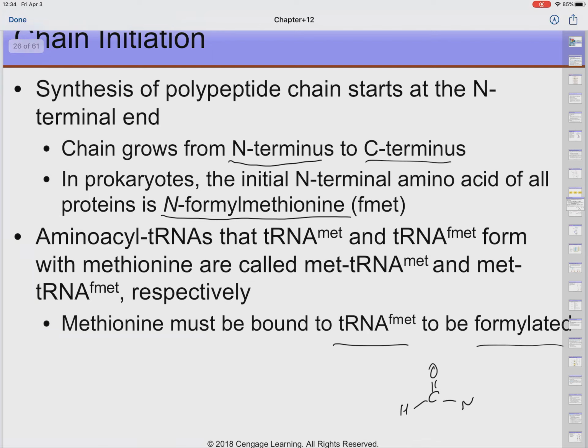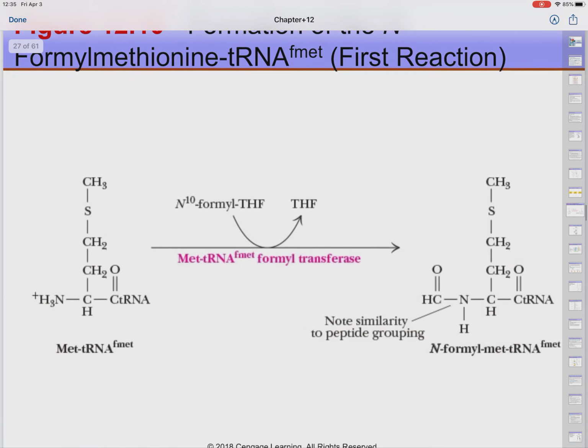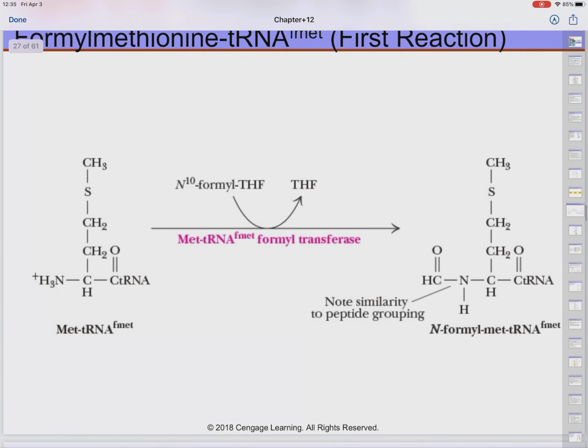Both of those tRNAs are originally loaded up with methionine. The one that's meant to be formylated has something different on it that lets the cell know that reaction needs to happen. So this is the conversion of methionine into N-formyl methionine, with that added group there.